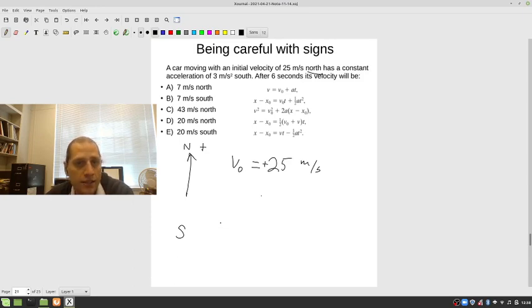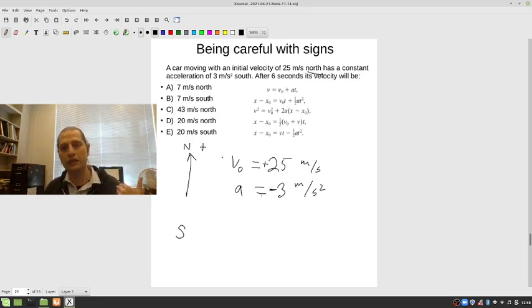But it has a constant acceleration of 3 meters per second squared south. So acceleration equals 3 meters per second squared south. So what's going to happen here is that my car is going to slow down, slow down, slow down, stop, go backward, go backward, go backward. And as it goes backward, then it would be speeding up. Going forward, slowing down, and going backward, speeding up, both have negative acceleration.